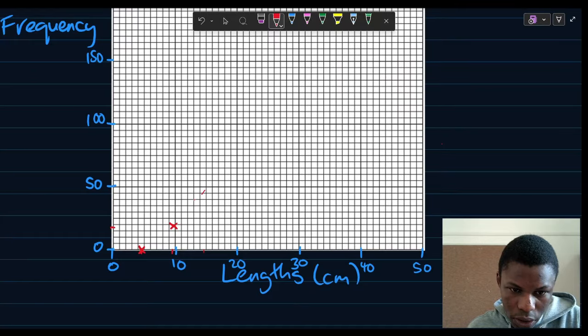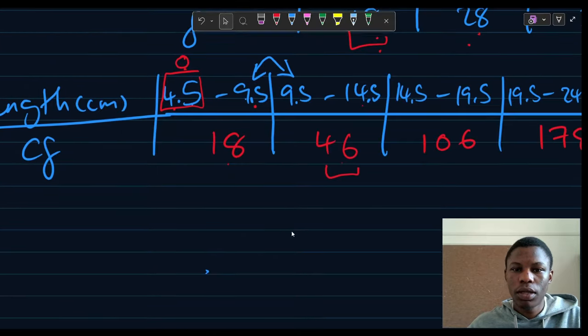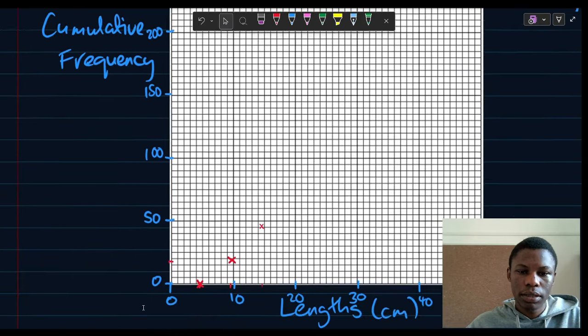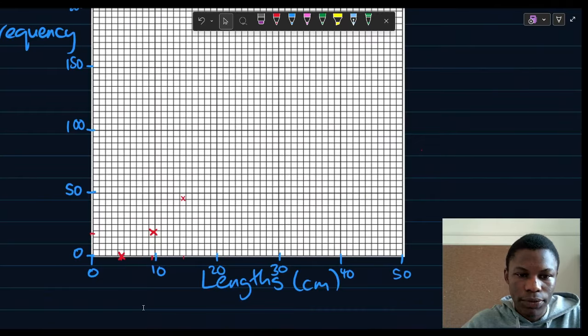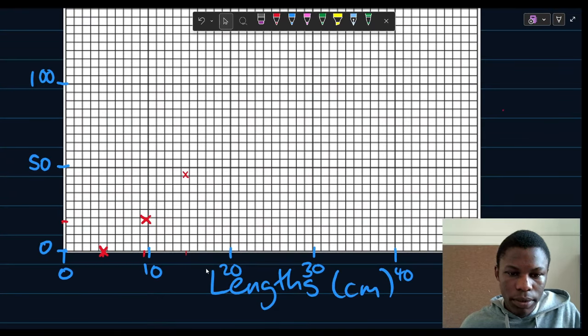So 46 should be here. And then we've got 19.5, 106. 19.5 is here. 106. This is 105. So just over 105.